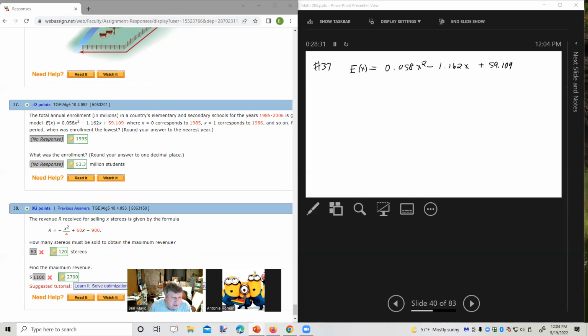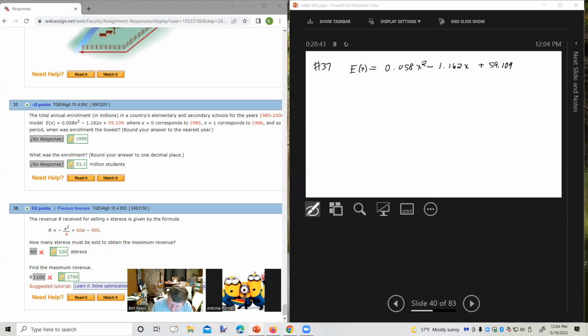So let's go back here to what it says again. When was the enrollment the lowest? Okay, this equation is a parabola opening upwards, right? Because A is positive.